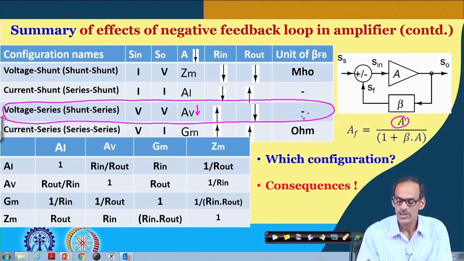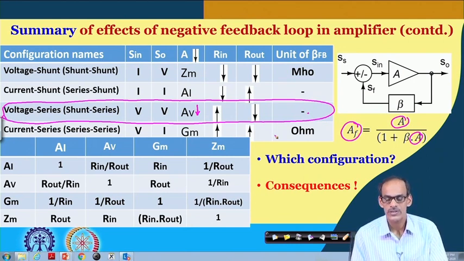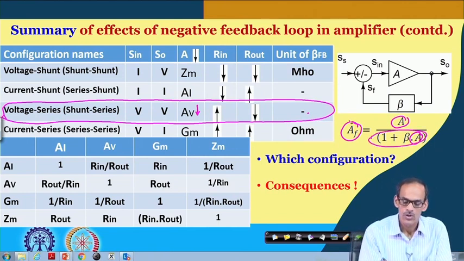Of course, it will be unitless, and this is also AV, which suggests that after having the negative feedback configuration, the system voltage gain will be reduced by this factor.